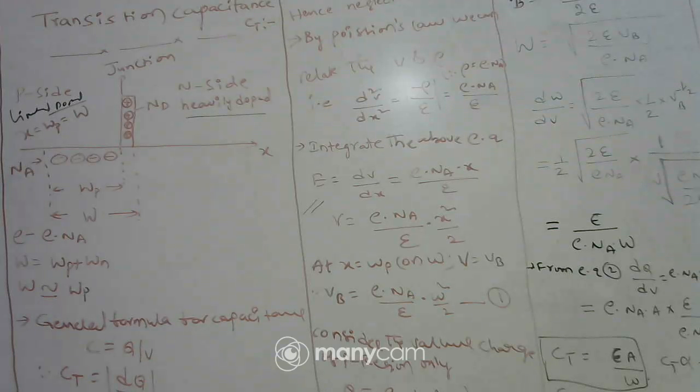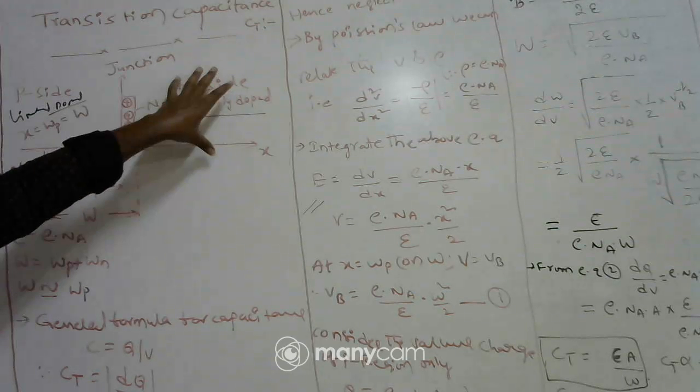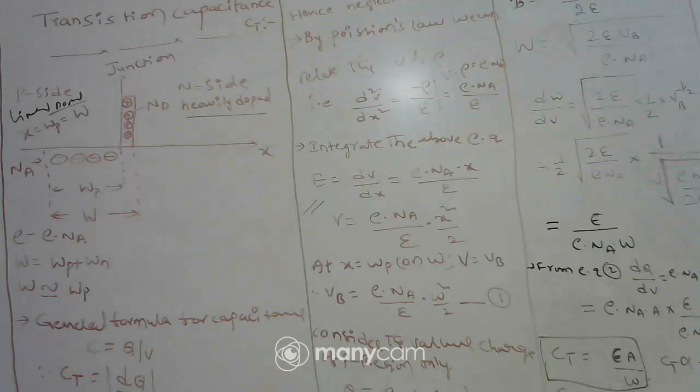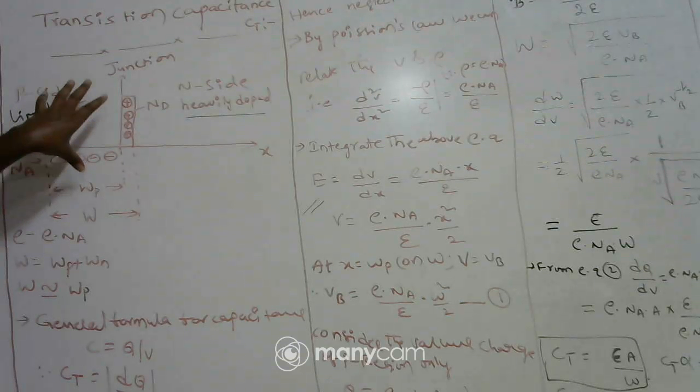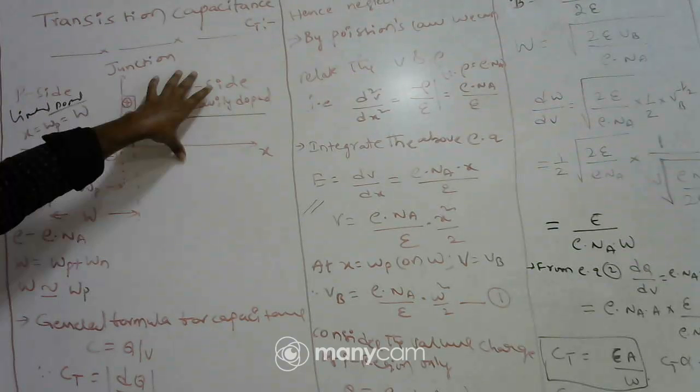Okay. So we know the electrical neutrality principle. The charge carriers on this side are equal to the charge carriers on this side, meaning the acceptor ions in the P region equal the charge carriers in the N region.